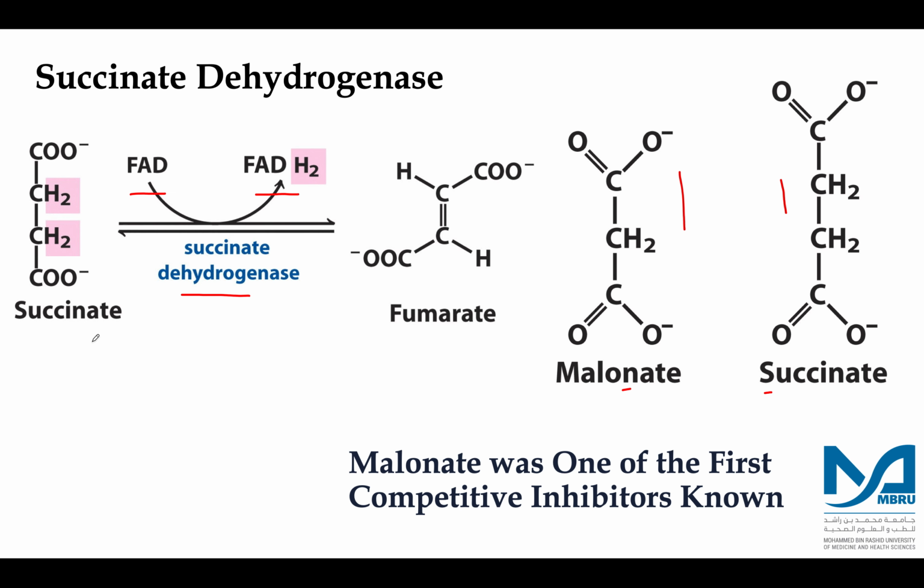You need to look at the structure and find the substrate analog, that is the analog for succinate, and the closest analog that is always given in the options is malonate. So succinate is converted by an oxidoreductase to fumarate. In the process, the proton that is formed is taken up by FAD, which is reduced to FADH2.